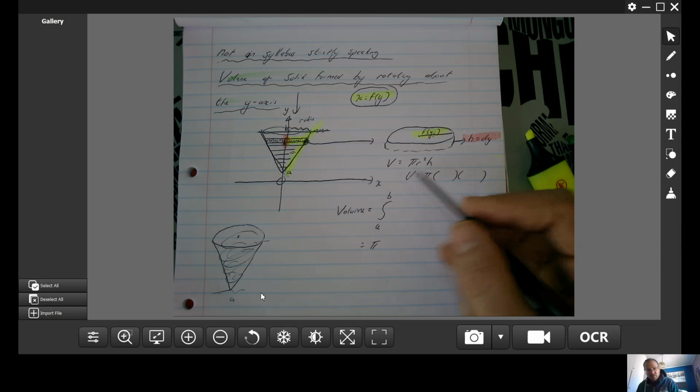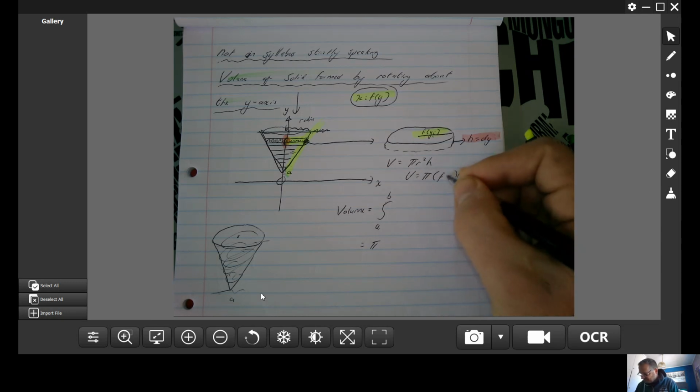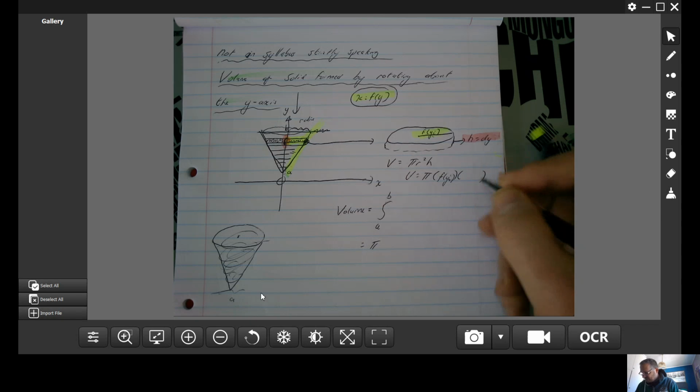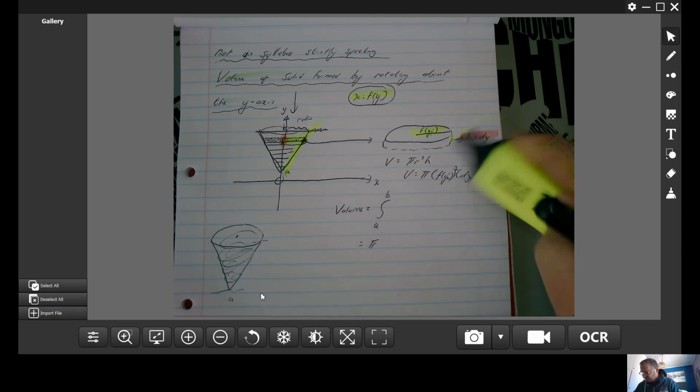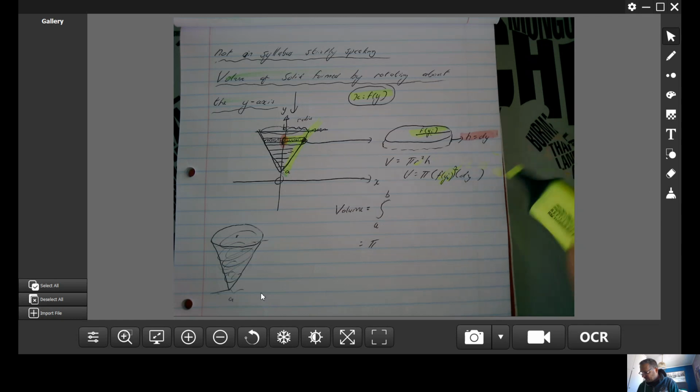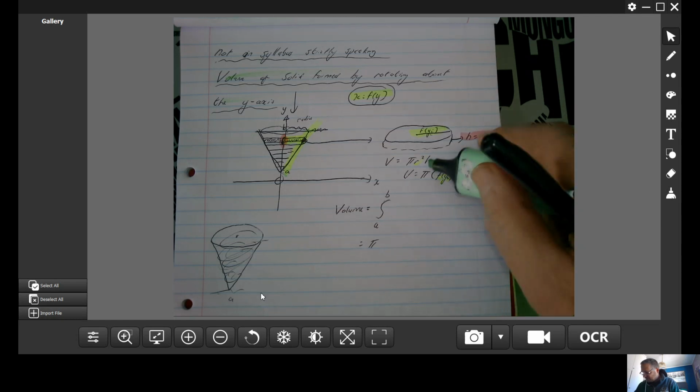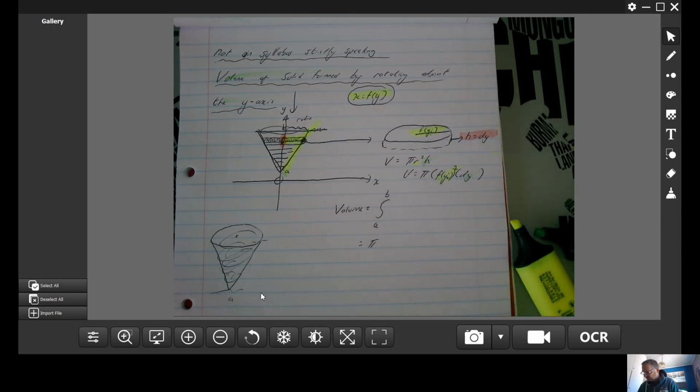So the volume would be pi r squared h, but your radius now would be f of yi, so your radius squared is f of yi squared. Your height would be dy.